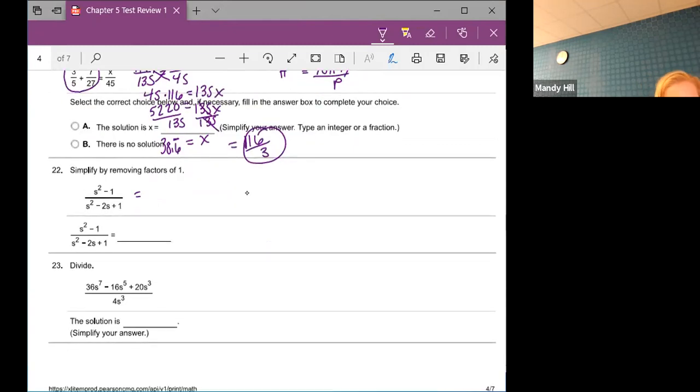In order for me to simplify this, I'm going to have to factor. This is the difference of squares because it's got a minus sign and you can take the square root of 1. It's just 1. So s minus 1 times s plus 1. Okay, and on the bottom, we're looking for something that multiplies to give us 1, but adds to give us -2.